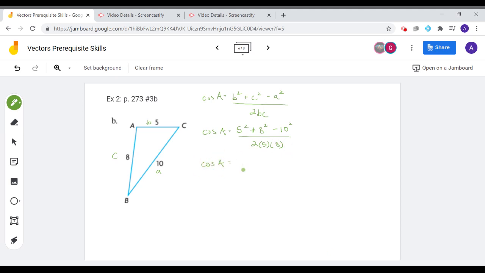Okay, and if I work that out on my calculator, 5 squared plus 8 squared minus 10 squared gives me negative 11 divided by 2 times 5 times 8. That gives me negative 0.1375.